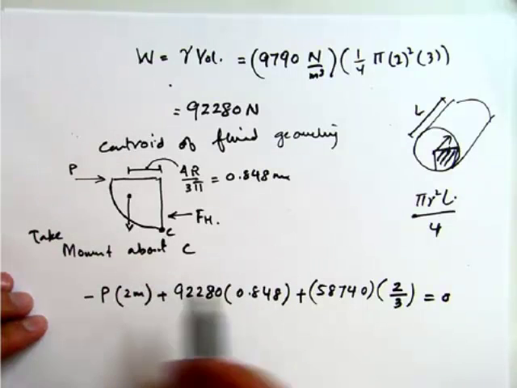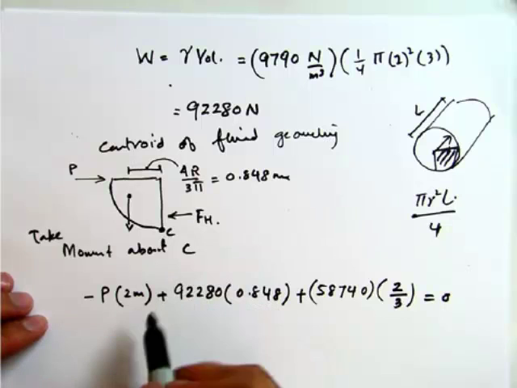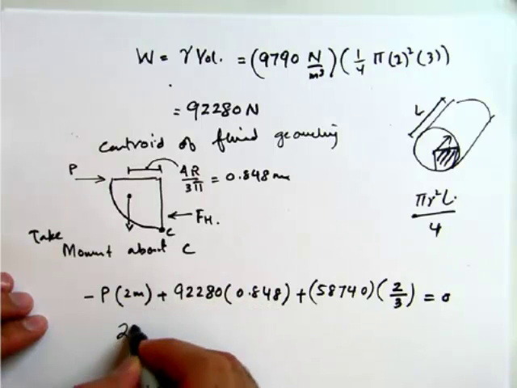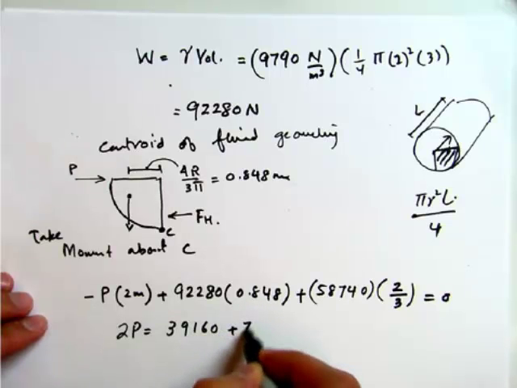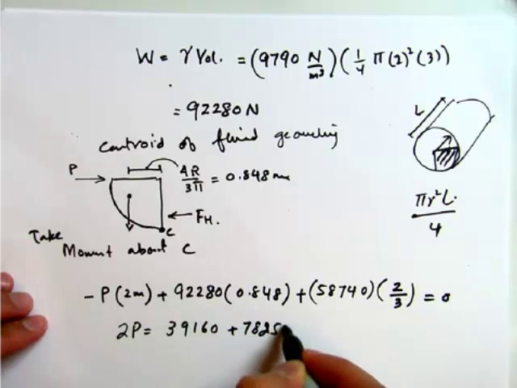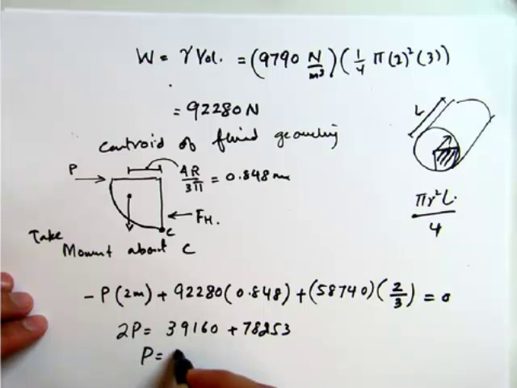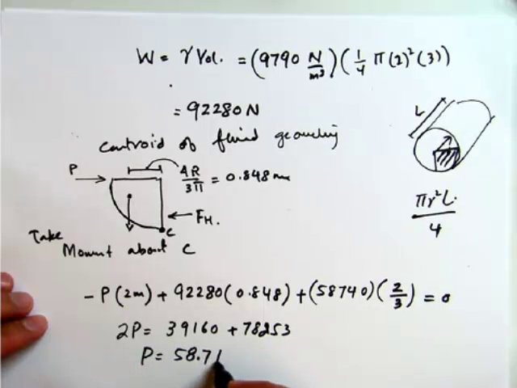If you want to balance this out, the summation of all the moments has to be equal to 0. So 2P is equal to 31960 plus 78253, and then P is simply 58.7 kilonewtons.